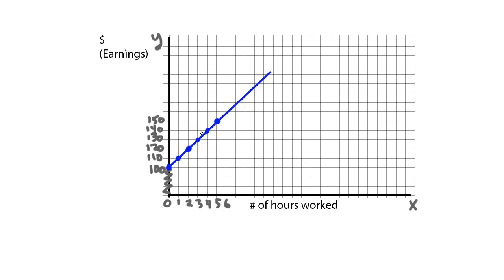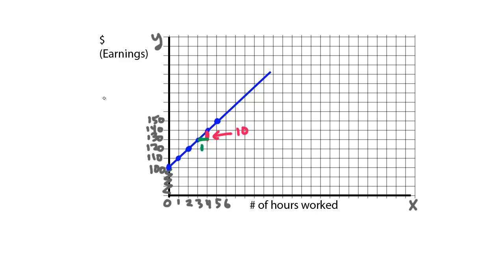Before we write out the equation, there's one other thing I want to show you. If you look at the change in the y, let's take a look at this component here. If I go up by, well, this is 10, I went up by 10 units, and for the x, I went up by 1.